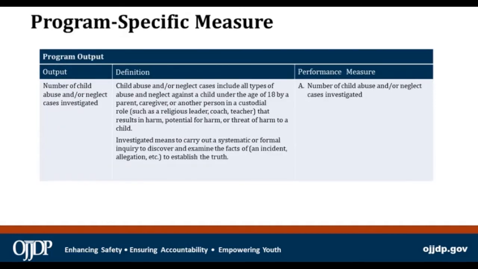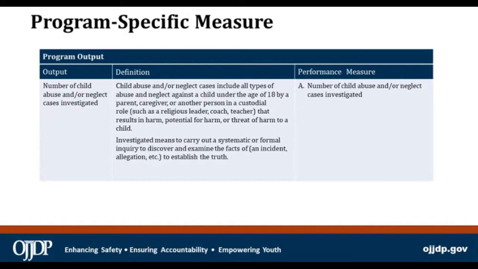Number of child abuse and/or neglect cases investigated is a program-specific program output measure. You will provide a simple count of the number of child abuse and/or neglected cases investigated.